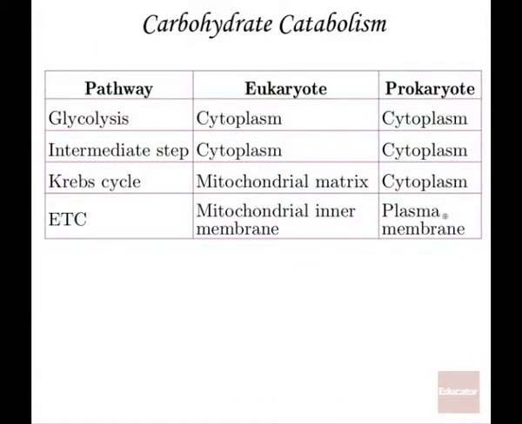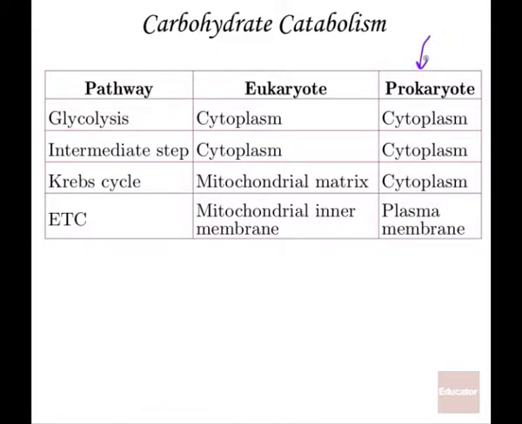So to compare eukaryotes to prokaryotes, remember, prokaryotes do not have organelles, and they do not have, for instance, mitochondria, whereas eukaryotes do. So the glycolysis part is the same for both types of organisms. The intermediate step is similar or the same for both organisms.